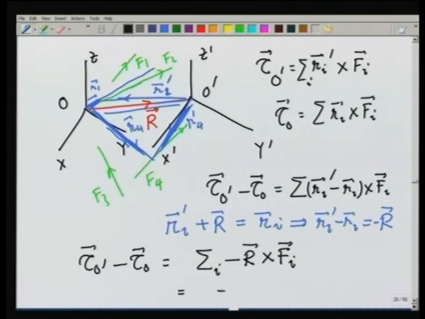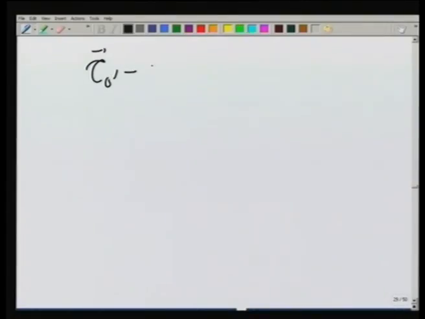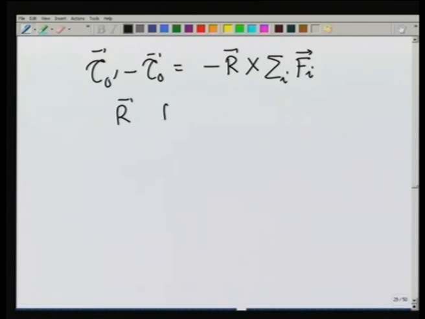R being the same vector, I can write this as minus R cross summation I F I. That is the difference between the torques taken about point O prime and point O. So, let us write this again: tau O prime minus tau O is equal to minus R cross summation I F I. R is a vector from O to O prime.